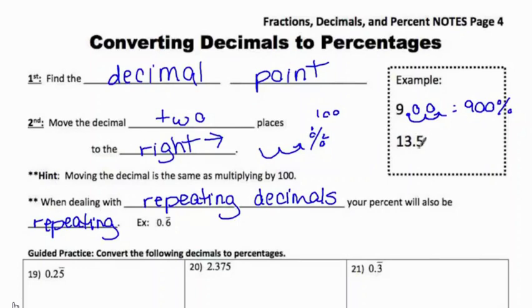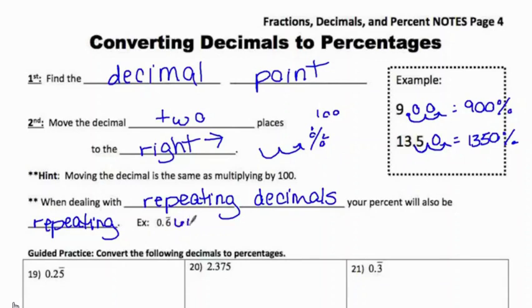Now, in 13.5, the decimal place is here. I'm going to start from where the decimal point is and move it 2 towards my percent sign. I have to fill in the space with a 0, so it's 1,350% in that case. Now let's look at this repeating example here. This is 6 repeating.